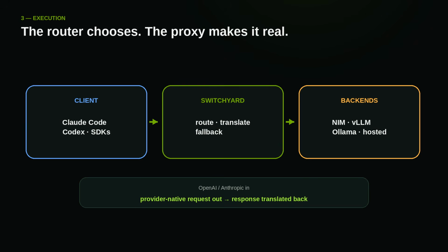Next, we're going to talk a little bit about execution. This is the idea that we need some kind of layer to actually execute the request. So the router is going to make a decision, and then that decision needs to be sent somewhere to do work. In the case of NVIDIA NeMo Switchyard, we're going to pass that to an LLM gateway or the agent harness, which is then going to send that request to the correct model via its typical API.